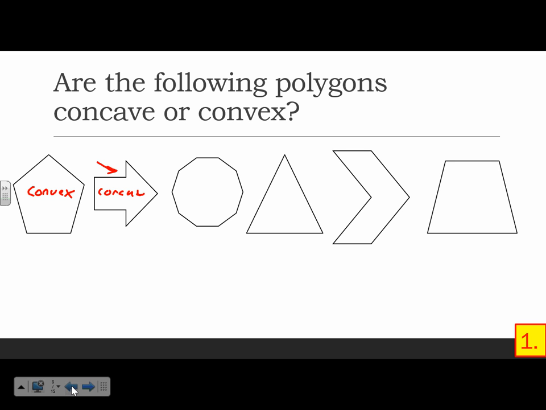So that one is concave. This one's convex, convex, concave, and convex. And again, if you want to look at drawing those diagonals on these concave ones, that's a diagonal that would be outside. This is a diagonal that would be outside. Any of the other diagonals on the convex ones will be all inside.